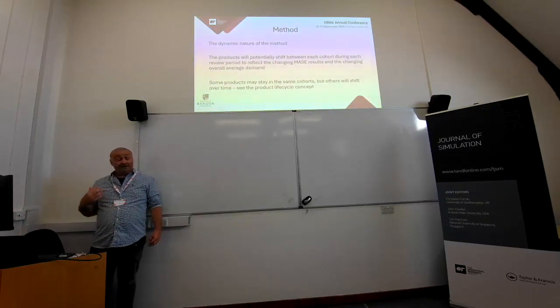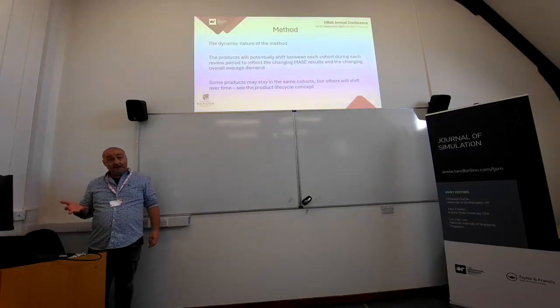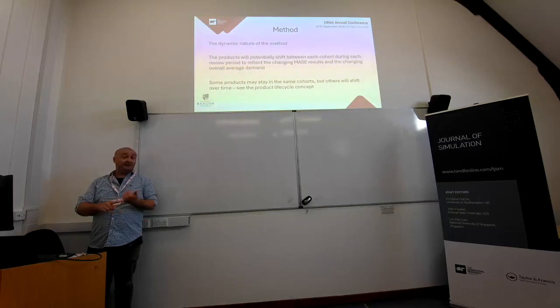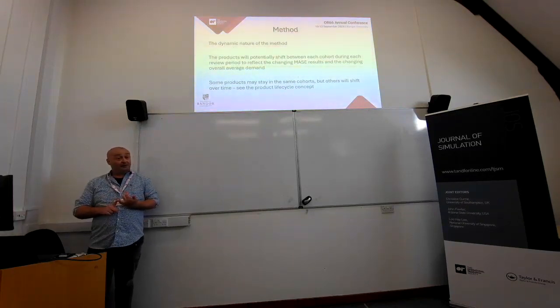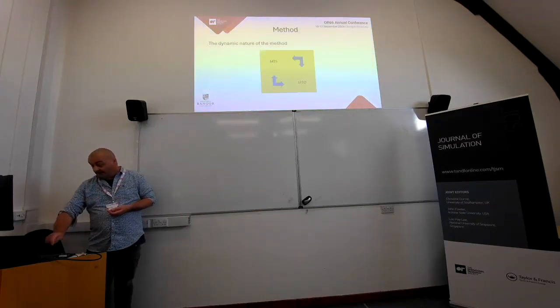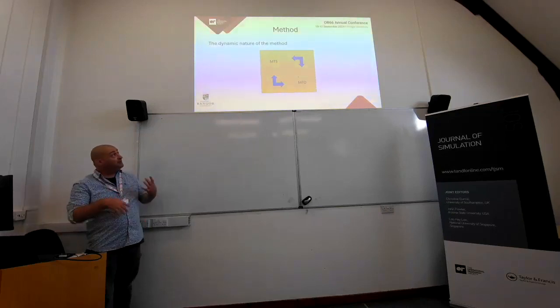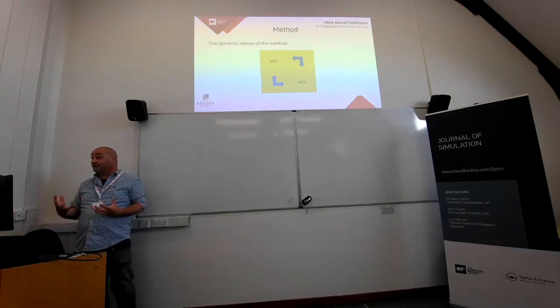So things are quite dynamic. For every review period, in this case monthly, the average production level could change because the production levels month to month are shifting around. And then also, based on how the time series is behaving, the MACE metric might change as well. So you can end up with products moving around the potential spaces that they could end up in.